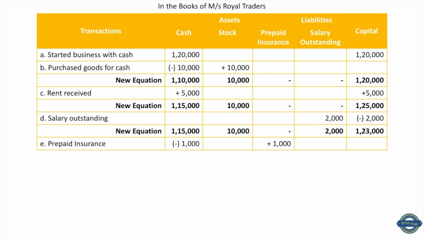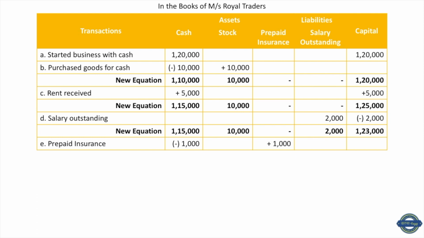That means that we have paid it earlier. Since we have already paid this earlier, we will see an outflow of cash in the cash column for rupees 1,000. This becomes an advance.